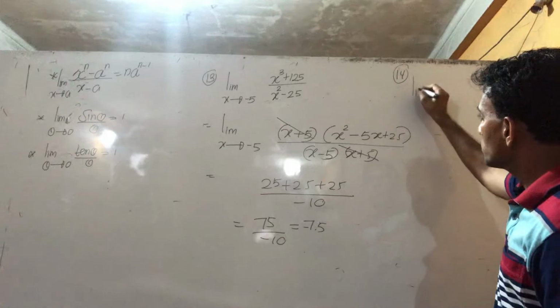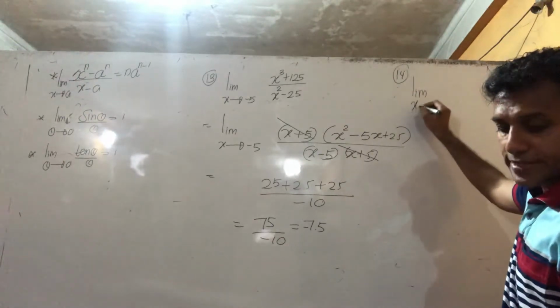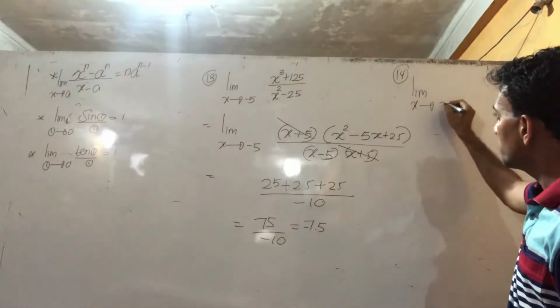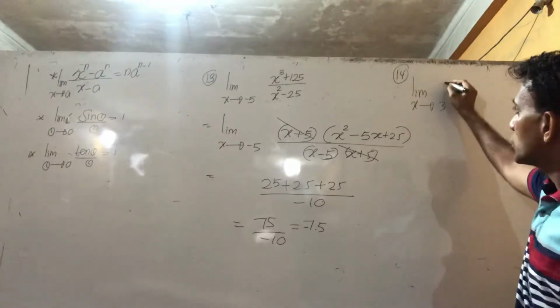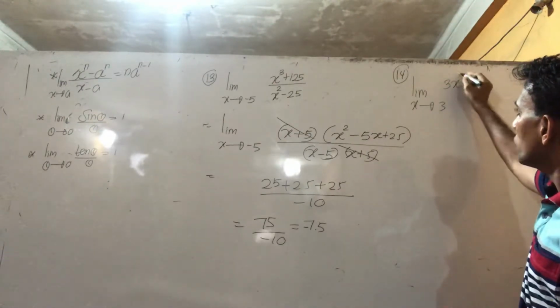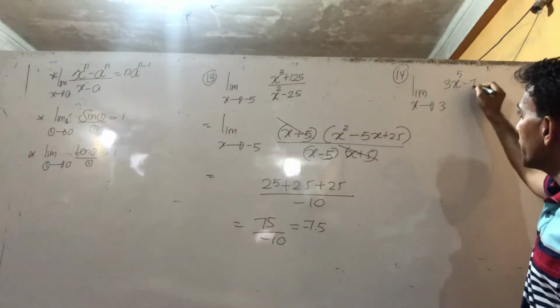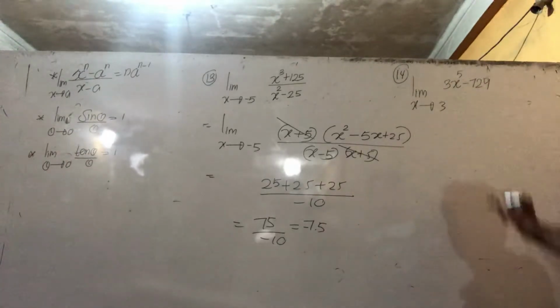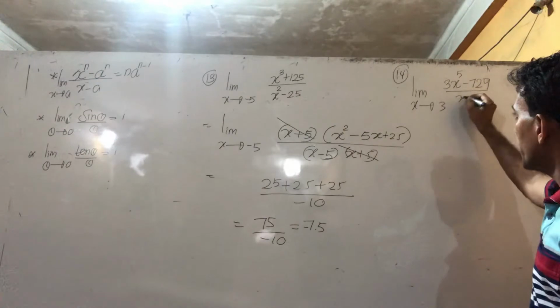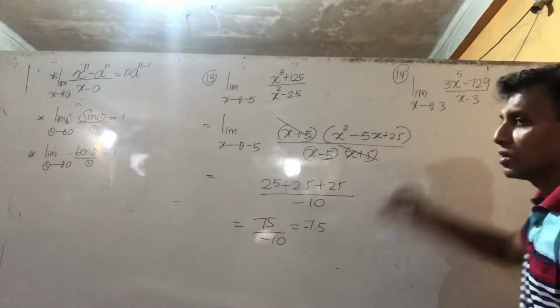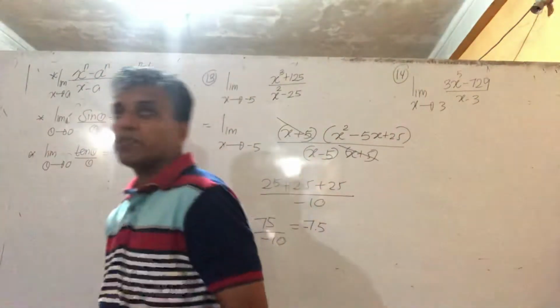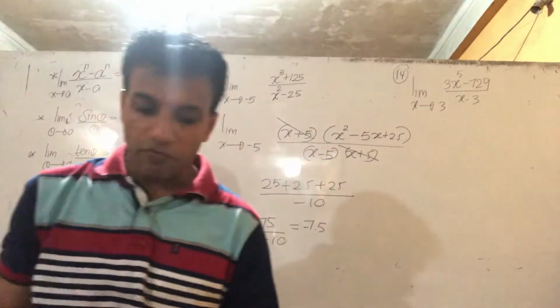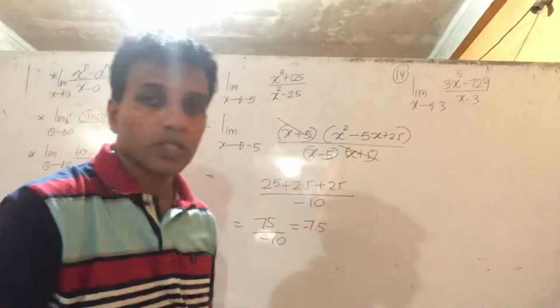Limit x tends to 3, x to the power 5 minus 3 to the power 5, that is 243, over x minus 3. Find the value of that expression as x tends to 3.